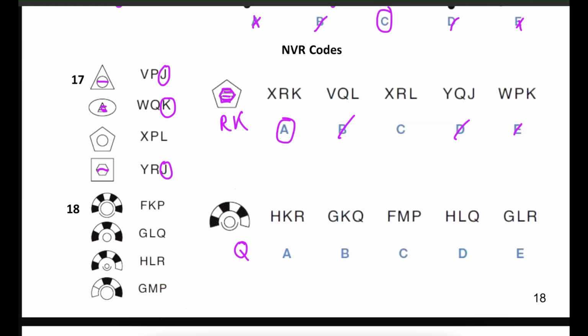Now, these both have an L in the middle. What do they both have in common? 1, 2, 3 black shapes. This has 1, 2, 3. So this will have an L in the middle. So L then Q. So the answer is D.